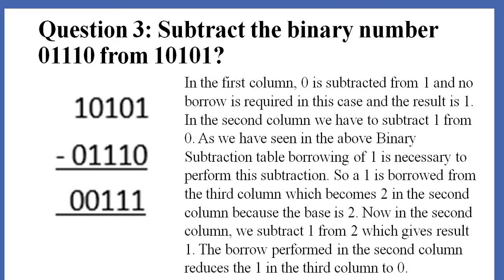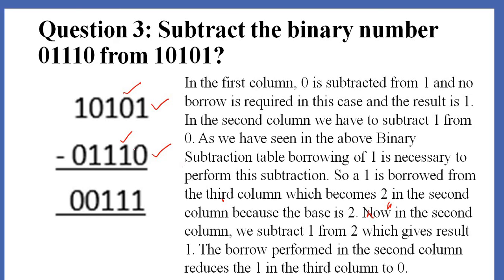I hope you have understood. In the first column, 0 is subtracted from 1, therefore no borrow is required in this case. So the result is 1. Now in the second column the upper digit is 0 and the lower digit is 1.